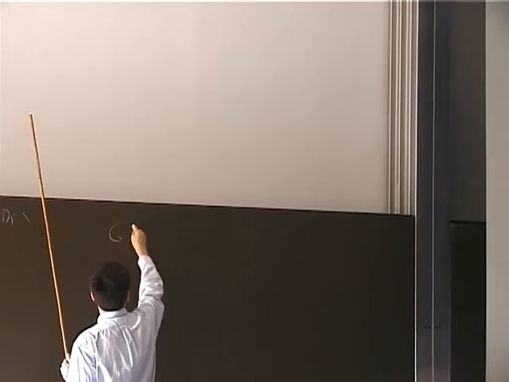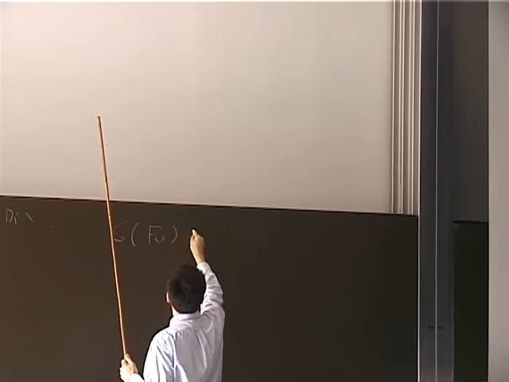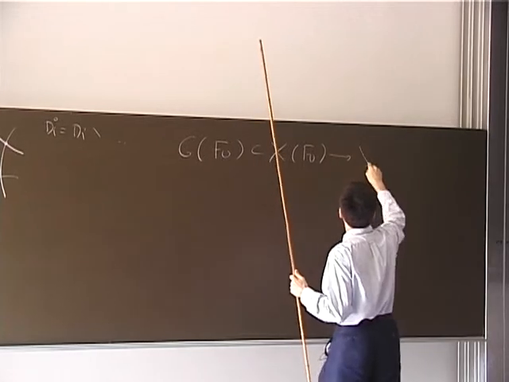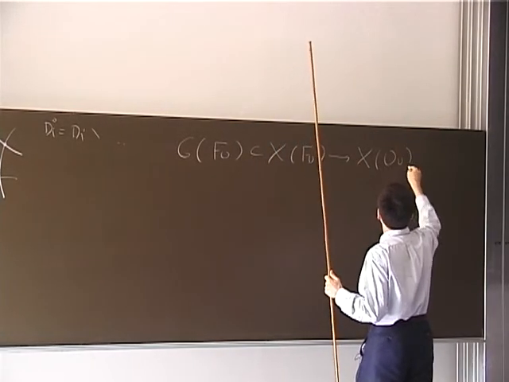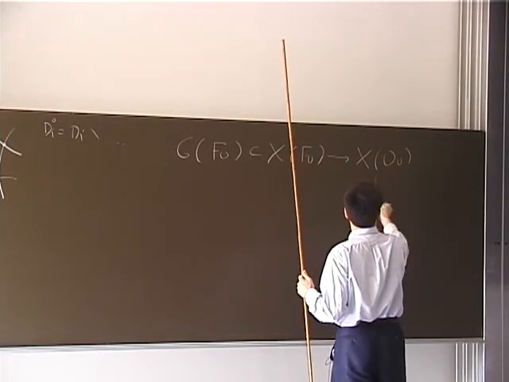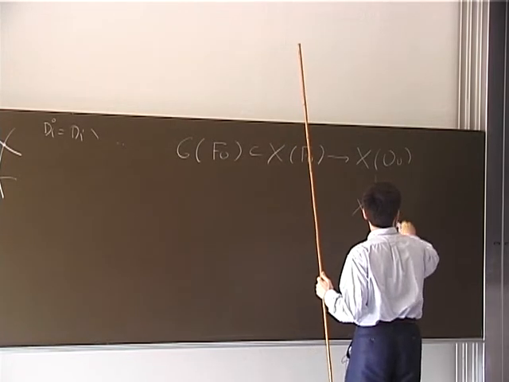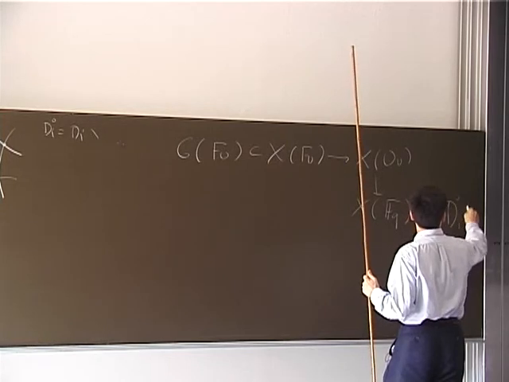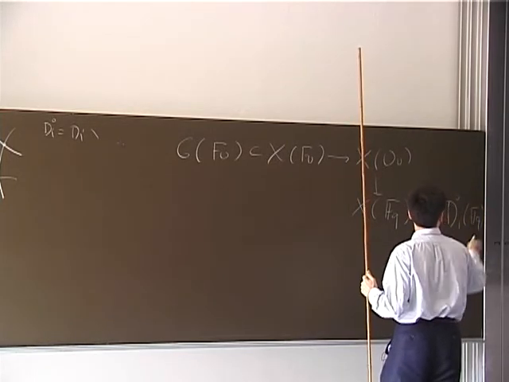So we have G(F_v) sitting in X(F_v), and that's X(O_v), and that reduces to X(F_q), and that is the union of its boundary strata. So we have finitely many points.